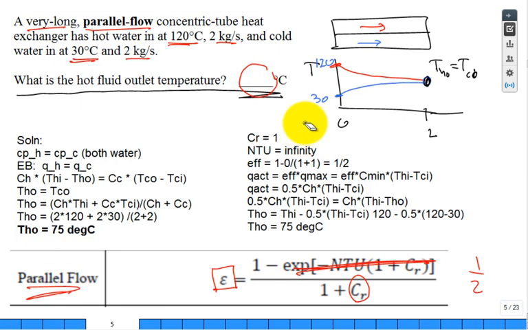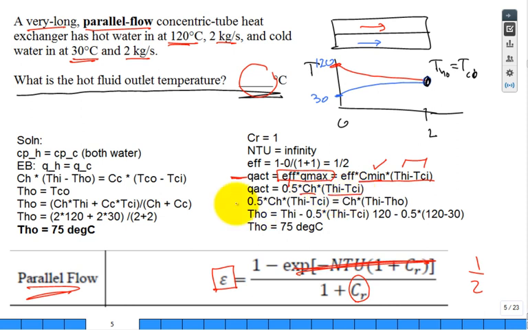Well, here I have a quick summary. The actual is the effectiveness times the maximum, that equation. What's the maximum? The minimum heat capacity rate times temperature hot in minus temperature cold in. Then we had the half for the effectiveness. The minimum is equal to C_H or C cold, either one, they have the same heat capacity rates.